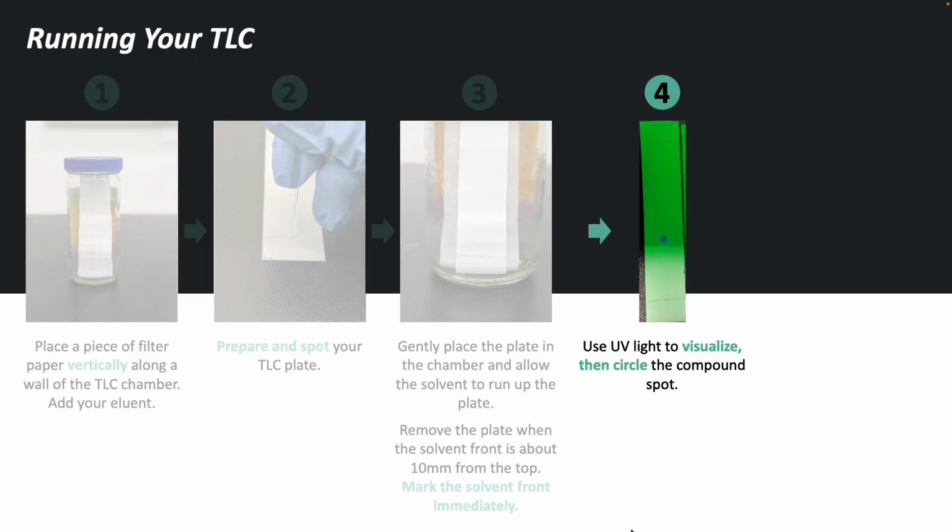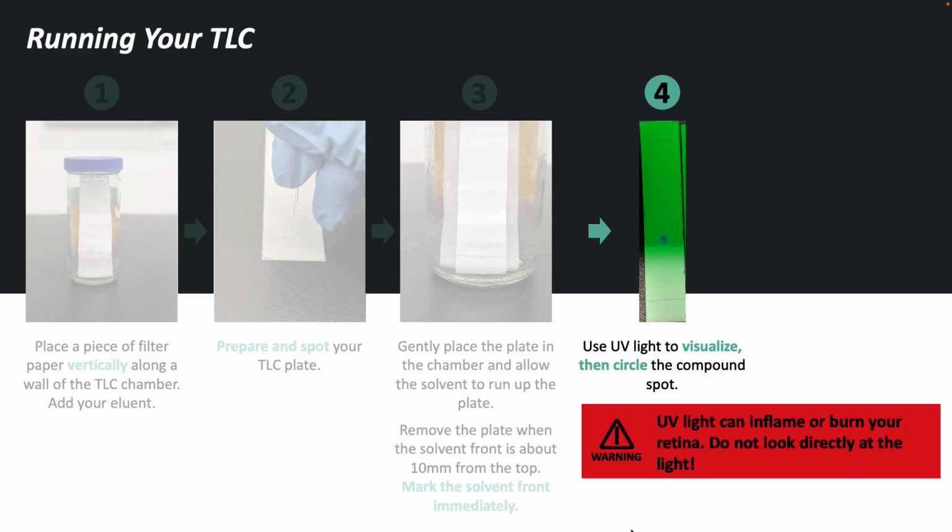We would then take a pencil, very gently circle or trace the spot, and the point of this is that we want to be able to remove the plate from the UV light and still know where our compound ended up on the plate. And of course, requisite warning here, UV light can inflame or burn your retina. Please do not look directly into our lamps, and please ensure that you are turning them off when they are not in use.